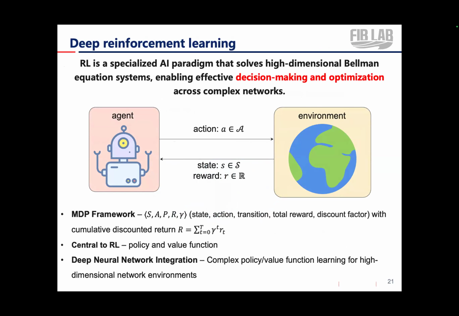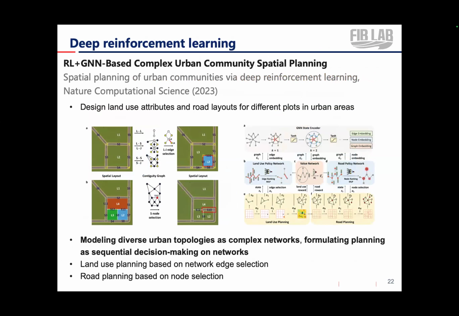So let's take an example. In this paper, the authors derive an RL plus GM-based model that can design a complex network used in an urban scenario, which is community structure planning.